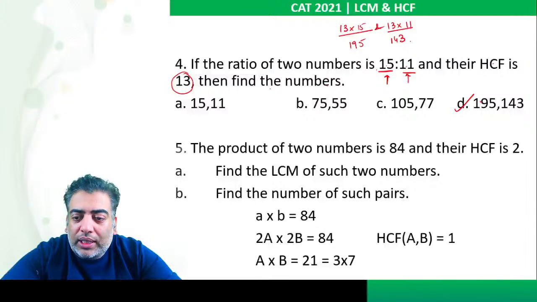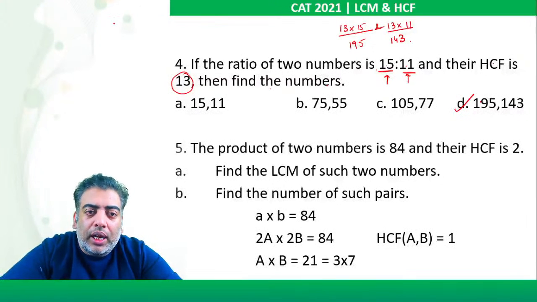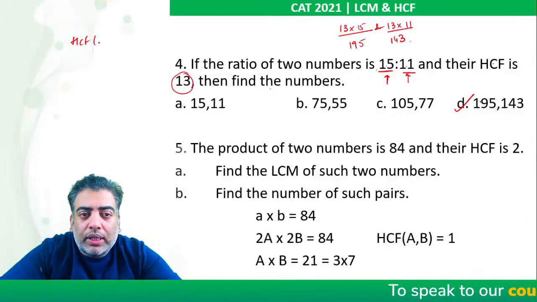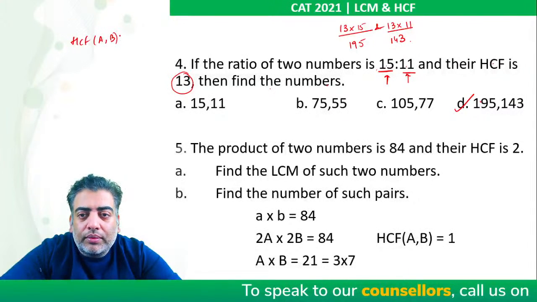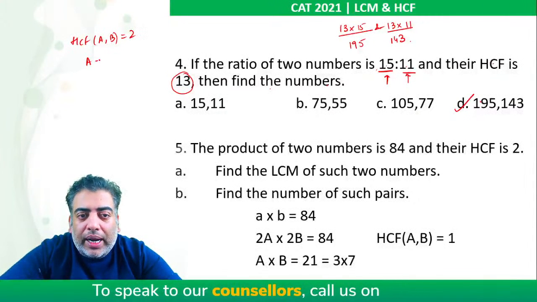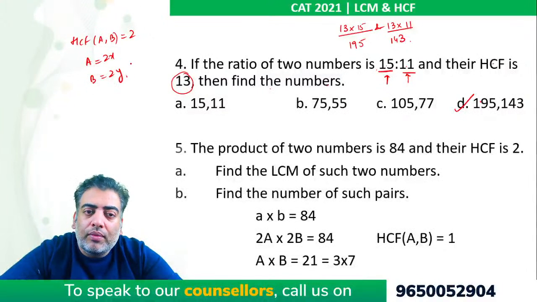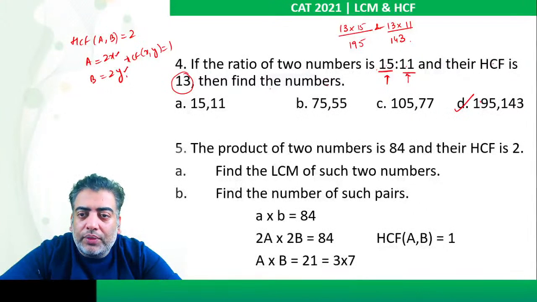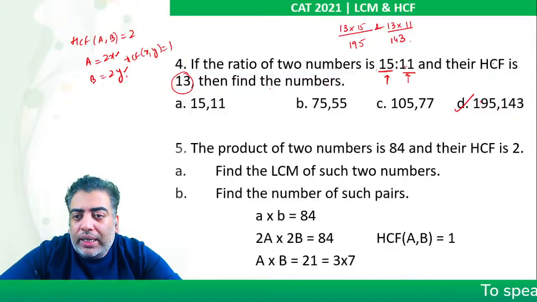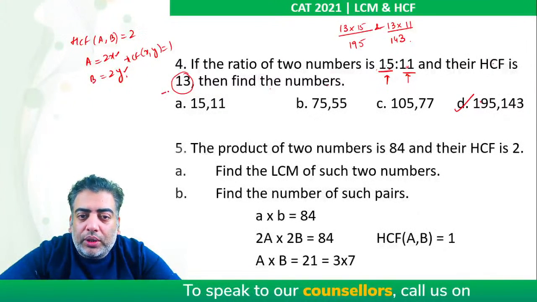So I am using the same concept again here. If HCF of A and B is 2, then if I am writing A as 2x and B as 2y, then HCF of x and y is 1. So in this case, x and y are given to me as 15 and 11, and HCF of the two is given to me as 13.